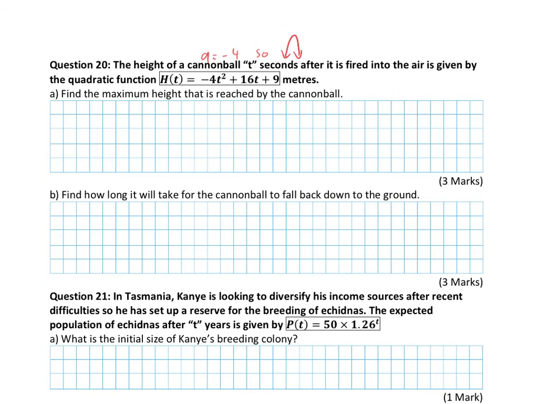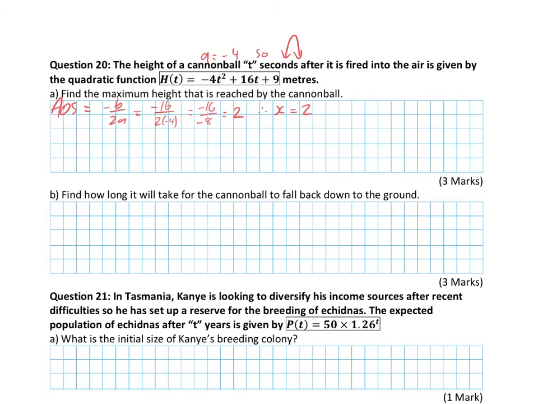So the axis of symmetry, AOS, is going to be at negative b on 2a. It's going to be negative 16 on 2 lots of negative 4. Negative 16 on negative 8 is going to be 2. Therefore, the axis of symmetry is at x is equal to 2.